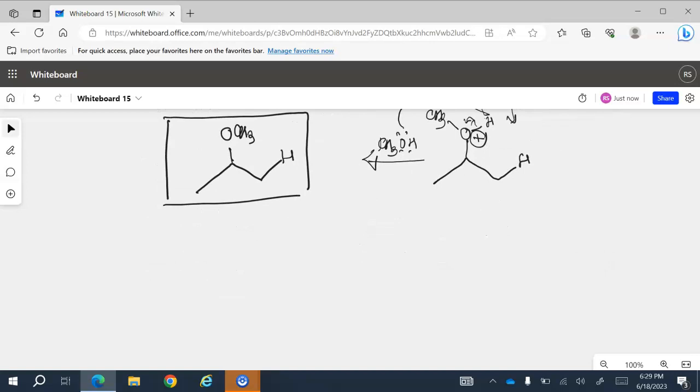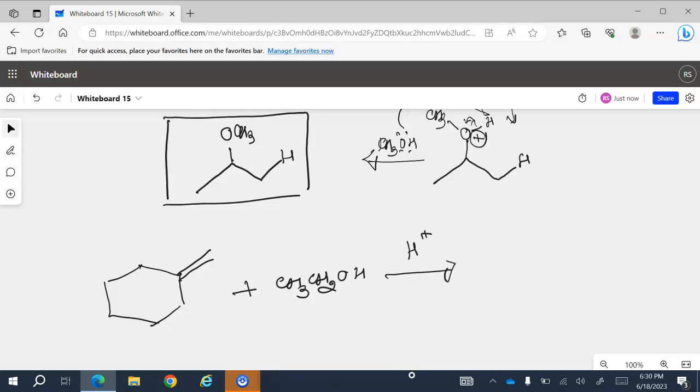Now we can give some examples. Suppose we have some kind of alkene, like this alkene, and we are adding, for example, ethanol. Again, if it is not acid catalyzed, the reaction will not take place. Now you need to determine what the major product will be. So again, hydrogen will add to one carbon and this ethoxide will add to the other carbon.